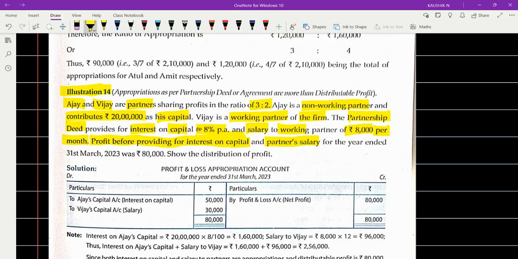So how should we get the profit? The profit we are about to distribute must be after charges, before appropriation. If it is in such a way, then we need not do any adjustments or calculations. Straight away we can go for the distribution. Is it right or wrong?